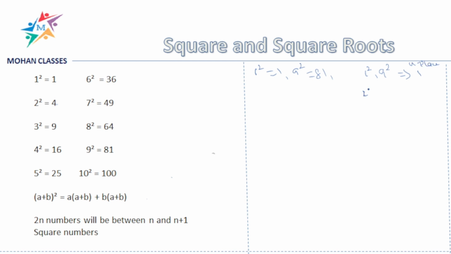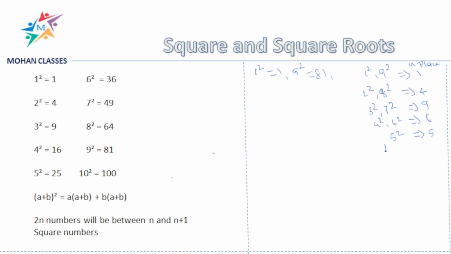Similarly, what about 2 square and 8 square? We will get 4, right? 3 square and 7 square we will get 9. 4 square and 6 square we will get 6. 5 square we will get 5.